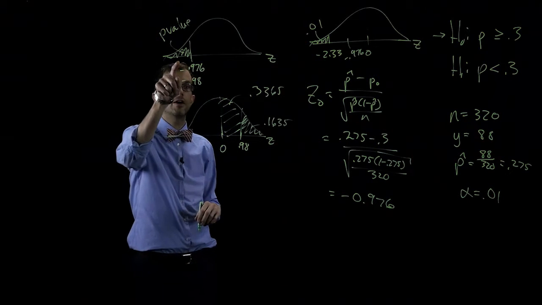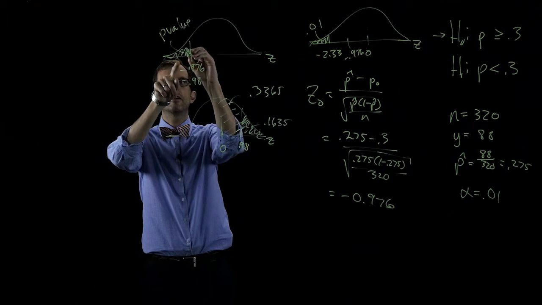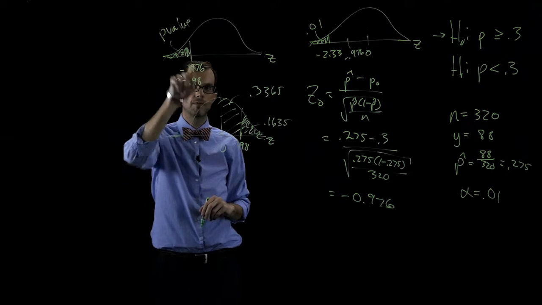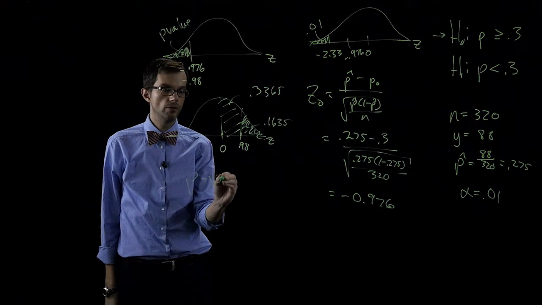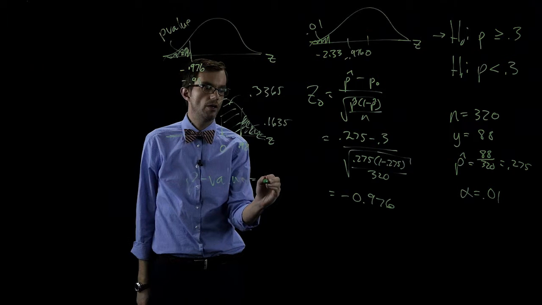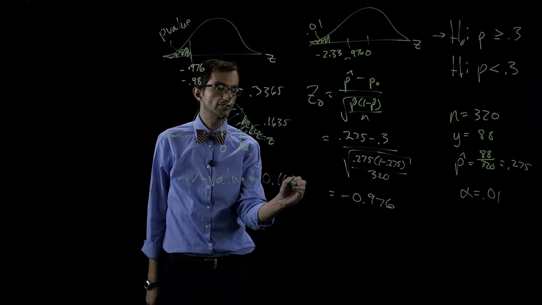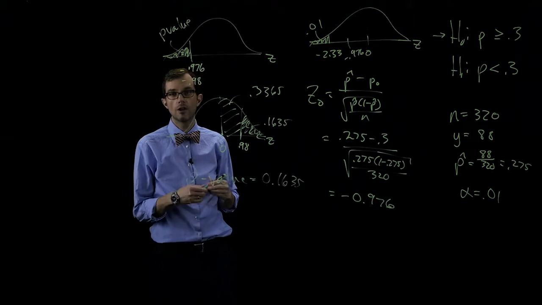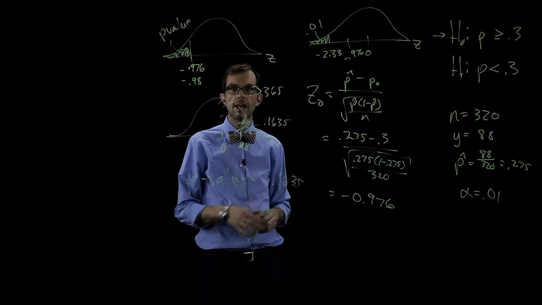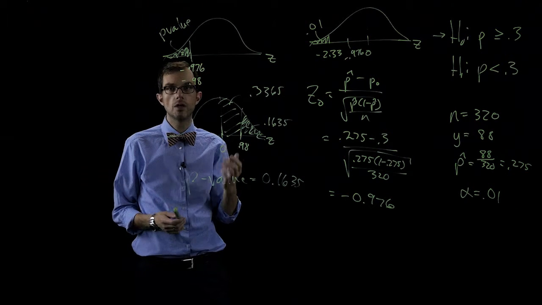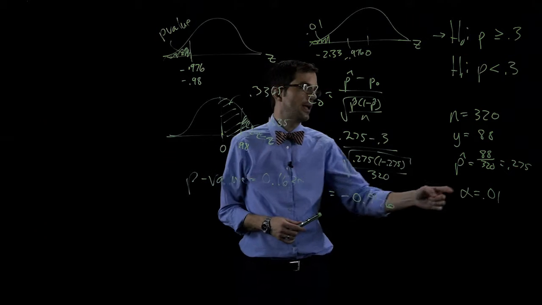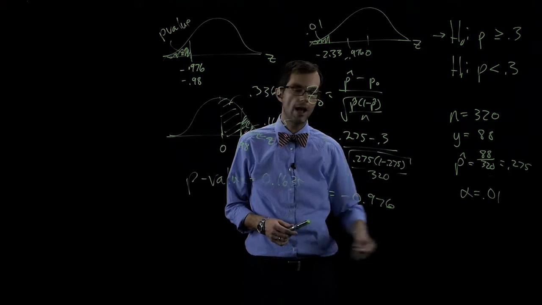That p-value, this area right here and this area right here are the same. So our p-value is 0.1635. That's a pretty large p-value. That's larger than any alpha that we would really choose. It's certainly greater than alpha.